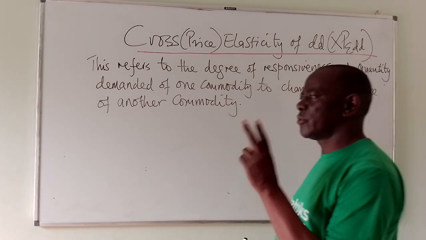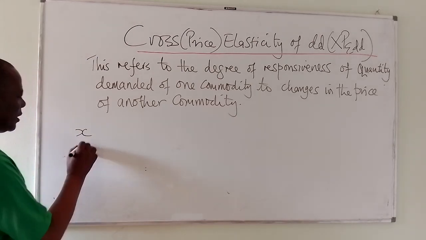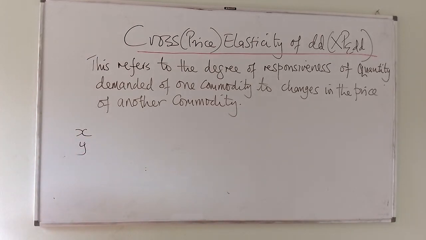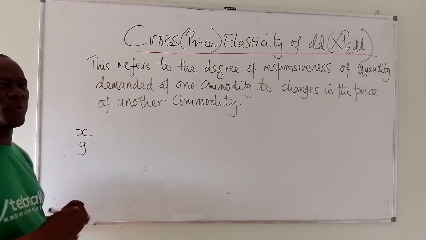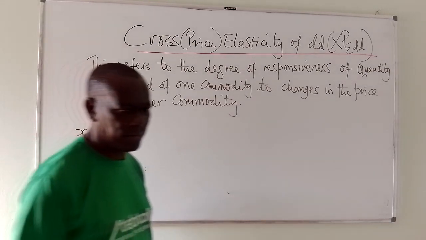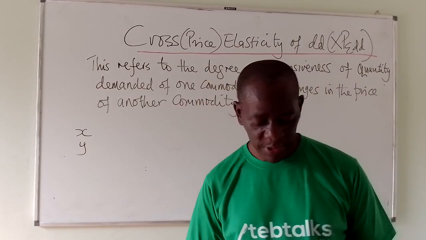That's what we call cross price elasticity of demand. In other words, we have two commodities, commodity X and commodity Y. For commodity X, we want to see how its demand will change when the price of Y changes. That's what we call cross price elasticity of demand.